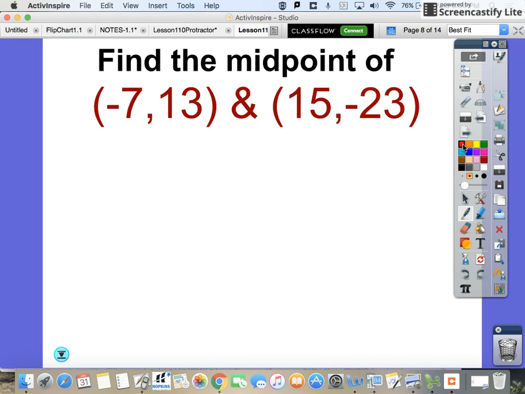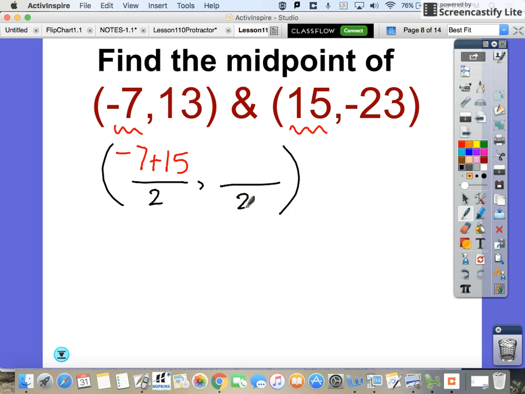So if we do the same thing here, negative 7 plus 15, and again, we have to divide by 2. And then on the other side, we have 13 plus negative 23. 13 plus negative 23 is negative 10.